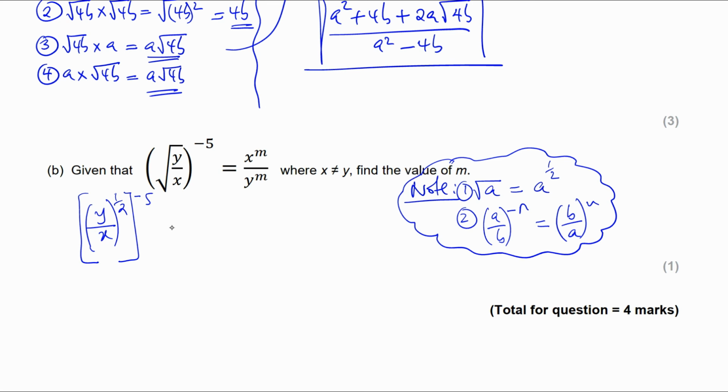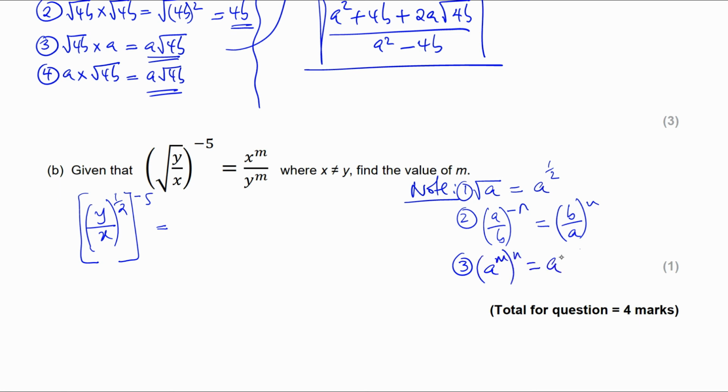Again, let me just add one more rule here. Another rule that will be useful here is that if you have a to the power m to the power n, that is the same as a to the power m multiplied by n.